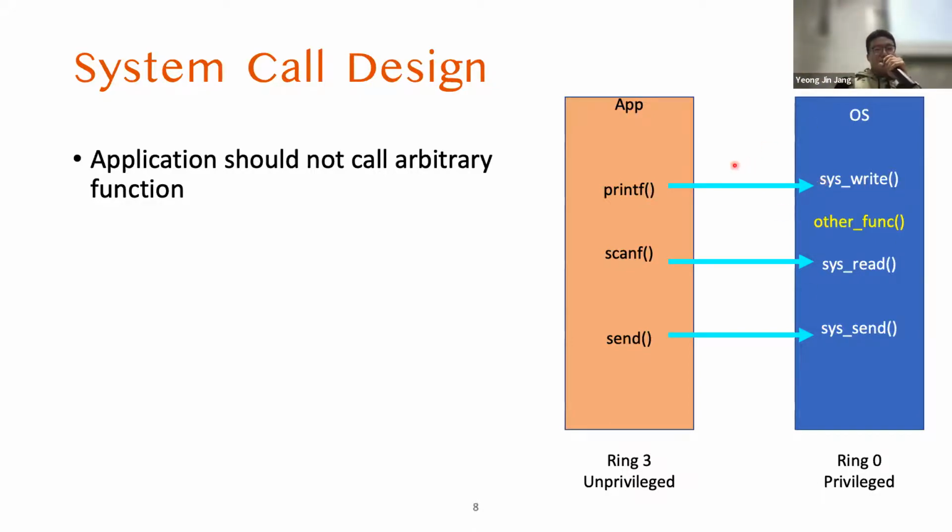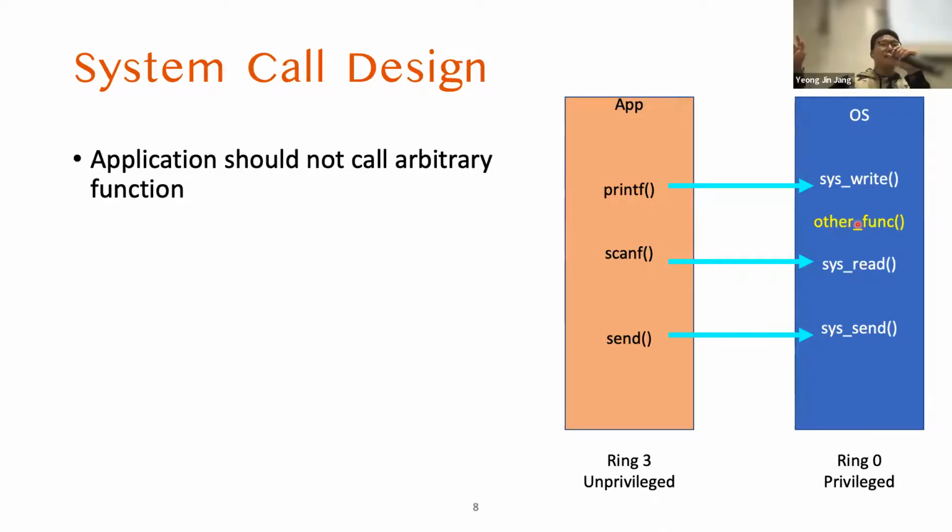When printf calls syswrite internally, scanf calls sysread to read the user input, and send runs a syssend to send the network traffic to the other end, that's okay. But suppose there's another function. The other function could be page init, page alloc, or those kinds of functions that you implemented in lab 2, because those are also in the operating system's memory in ring 0.